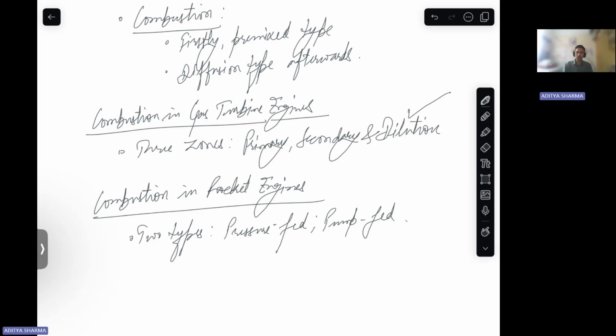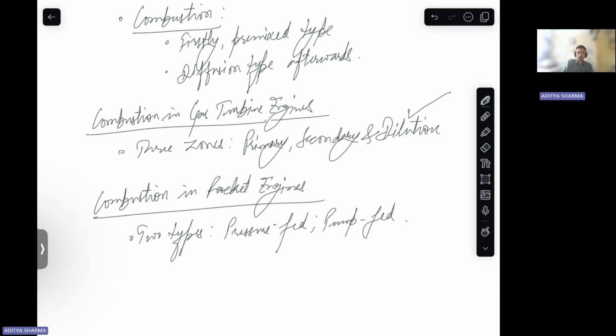In this type of engine also, your oxidizer and fuels are injected in the combustion chamber to form droplets, and after that, the combustion of these droplets takes place. For droplet combustion, we have seen how droplet evaporation and droplet burning take place.